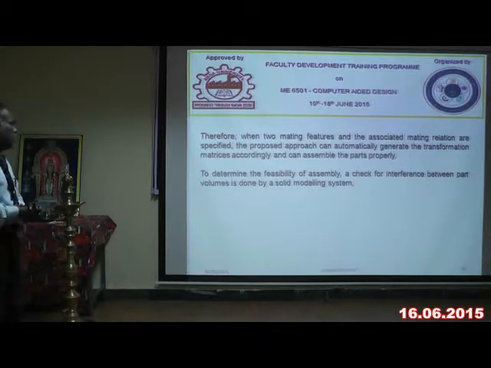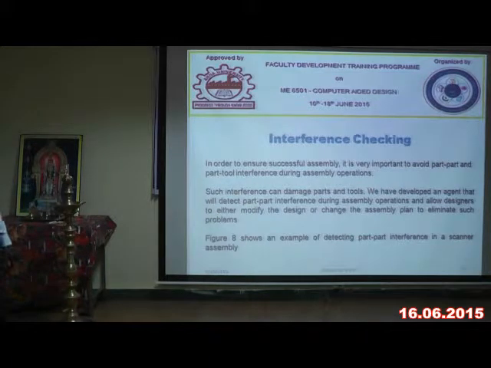Determining the feasibility of assembly, checking interference between part volumes, is done by the solid modeling system. After designing and assembling, before implementing in the manufacturing environment, the design should be simulated, checked and properly corrected. Then, interference checking: what is interference checking, and why is it essential?